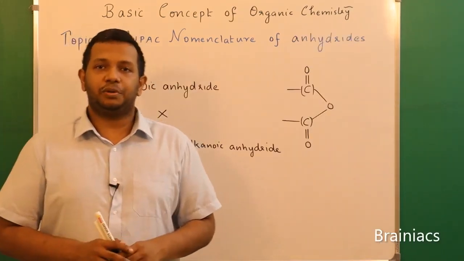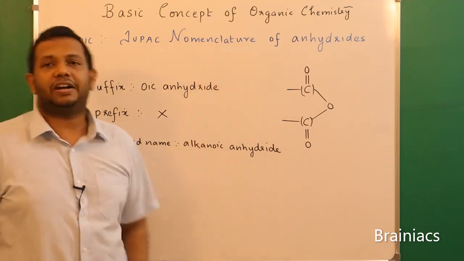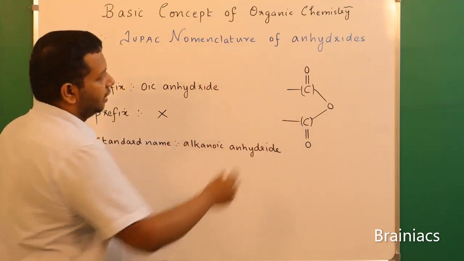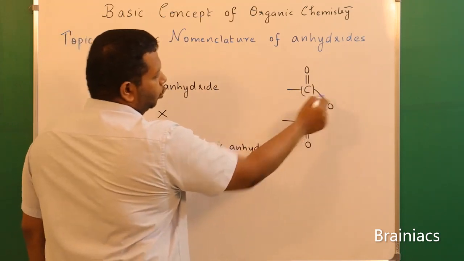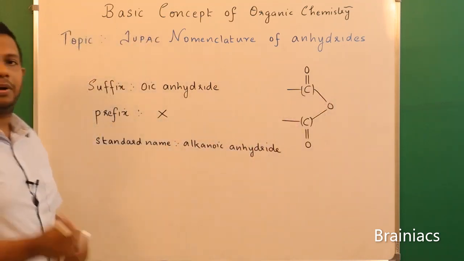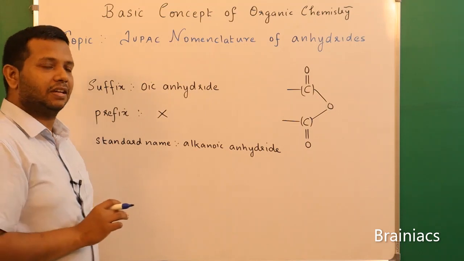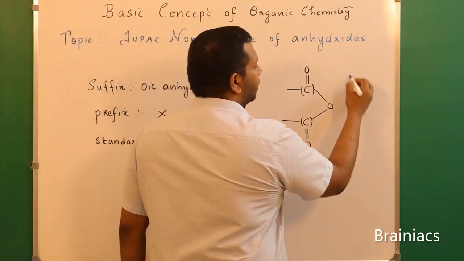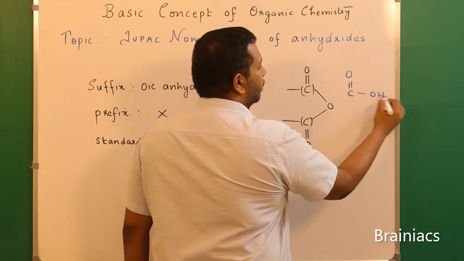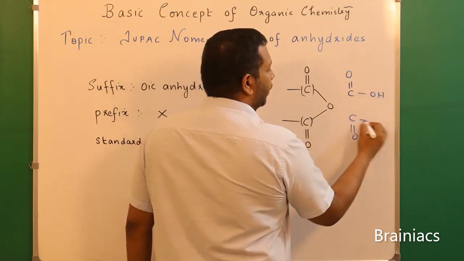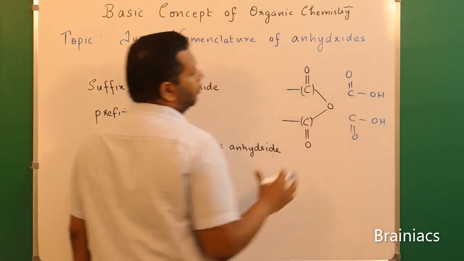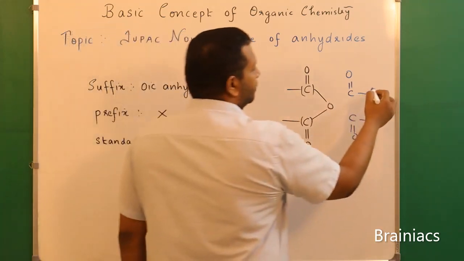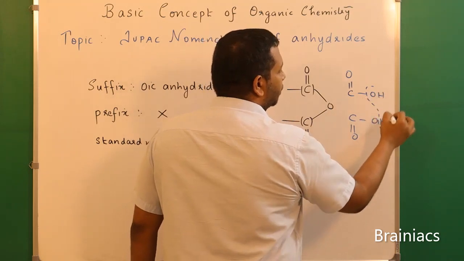So next we are going to discuss the nomenclature of anhydrides. You could see the functional representation is two carbonyl groups linked through an oxygen atom. For your understanding, let me explain how an anhydride is obtained. Please listen: whenever you have two acids, C double bond O with OH, and another C double bond O with OH. When two acids combine, or when you react two acids, water elimination will happen.